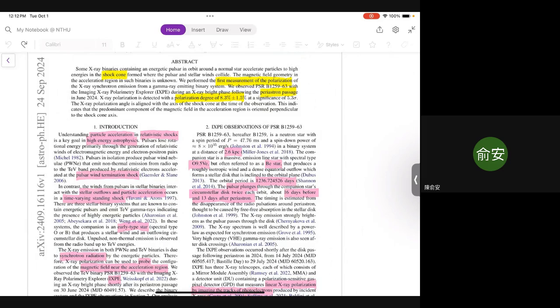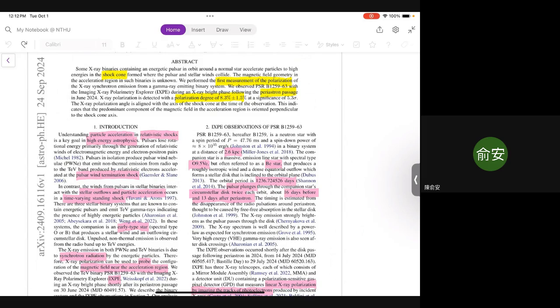Because in this paper, they have studied the boundary between the star's shock and the pulsar's wind nebulae.